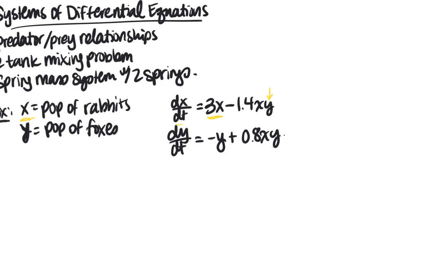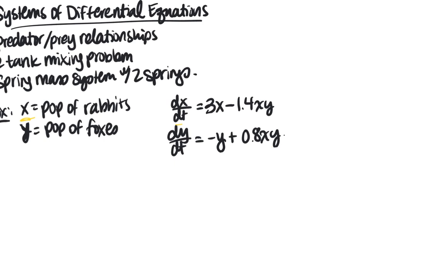And as there are more rabbits, that's going to increase the rate of change of the fox population. So you can analyze the way the differential equations look to see which one's the predator, which one's the prey, and how the influence of the other population impacts that population.